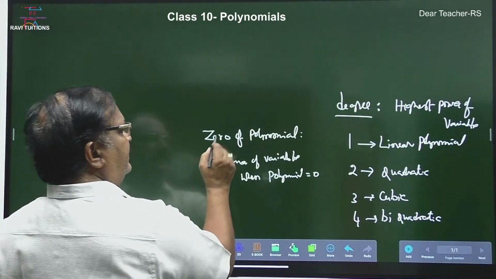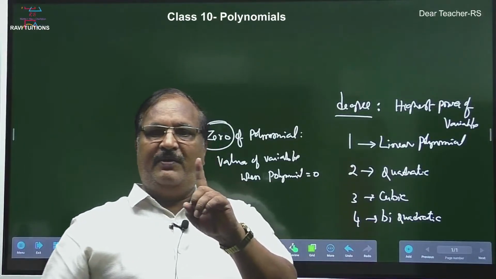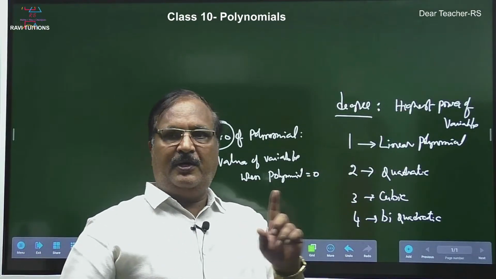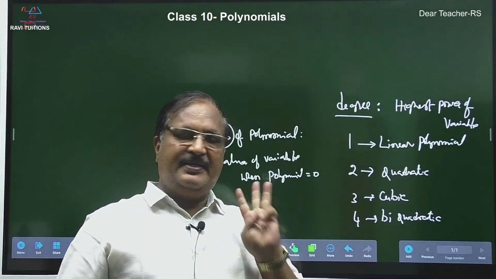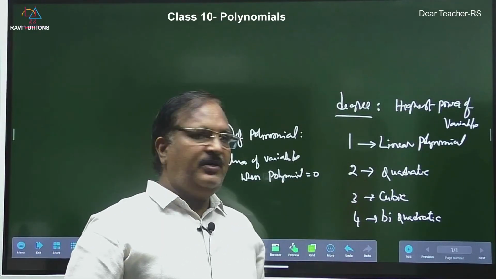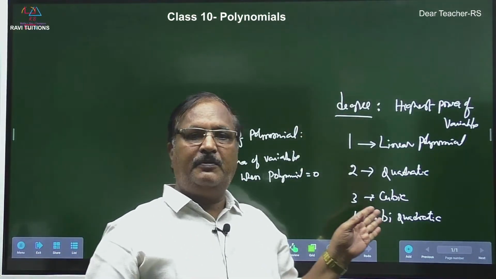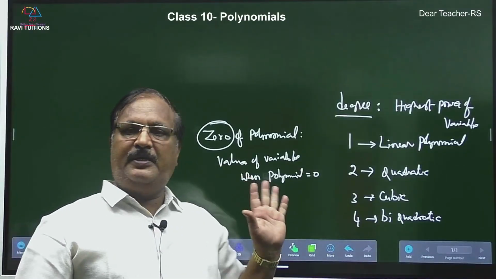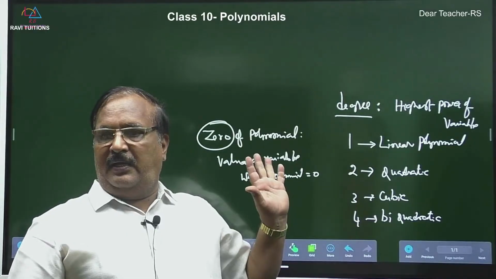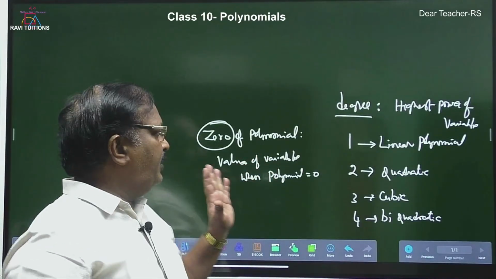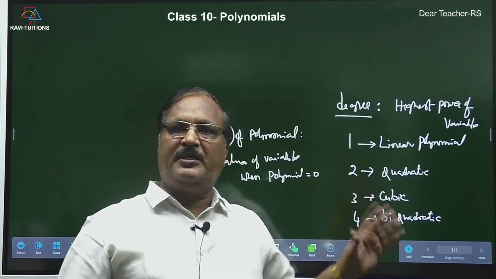A linear polynomial will have only 1 zero, a quadratic polynomial will have 2 zeros, a cubic will have 3 zeros, and a biquadratic will have 4 zeros. So depending upon the degree of the polynomial, the number of zeros will be there. These are the only things in the polynomial chapter.